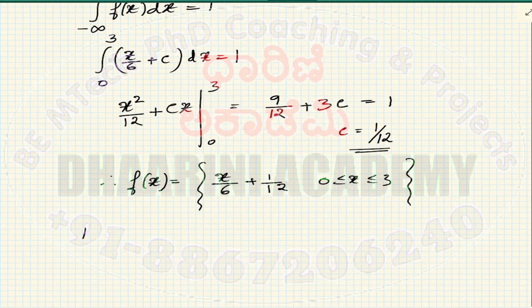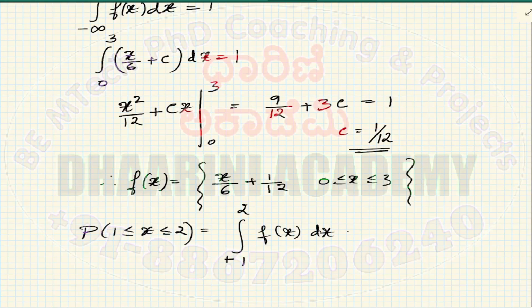Correct. So probability that x takes a value between 1 and 2 is 1 less than or equal to x less than or equal to 2. This is nothing but integration 1 to 2 of f of x dx. Correct. So this means I am supposed to integrate between 1 to 2 the same function.